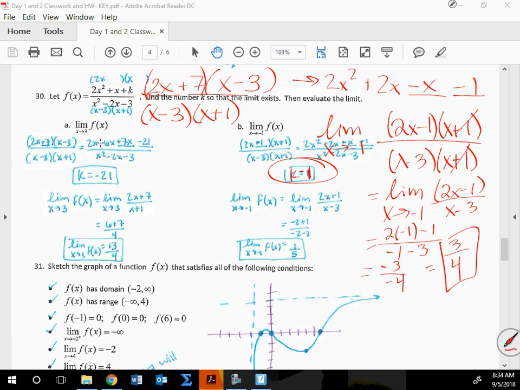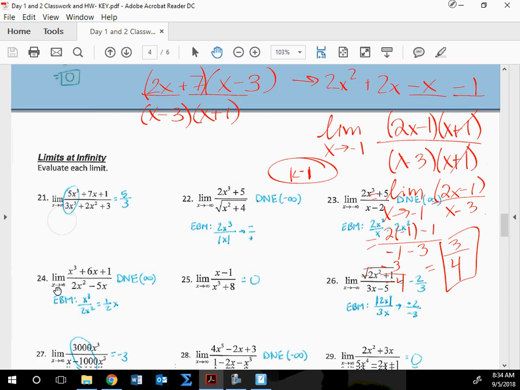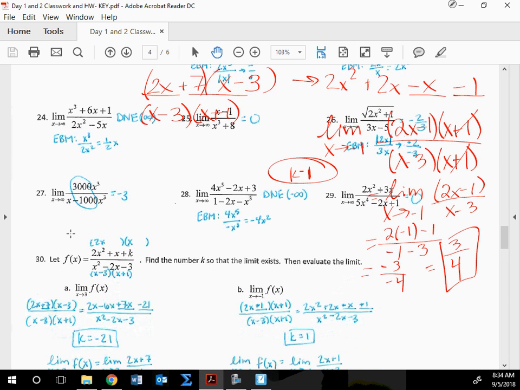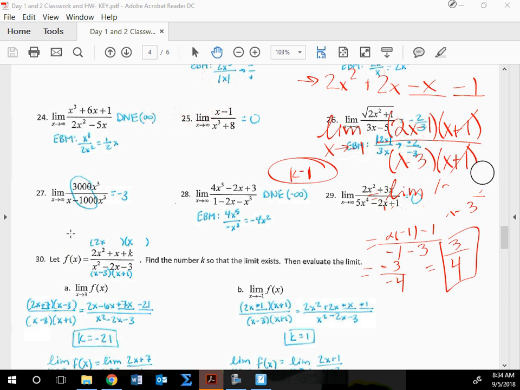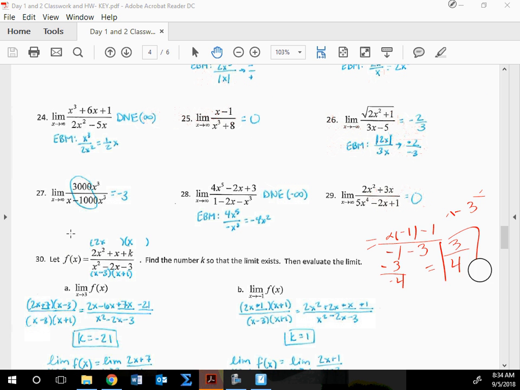Let's take a look at 36. Alright, so 26, we have one of our square roots. Now notice this is as x approaches negative infinity. Our end behavior models are only when we're looking at the ends, so that's x approaching positive or negative infinity. So here we have the limit as x approaches negative infinity of the square root of 2x squared plus 1 over 3x minus 5.